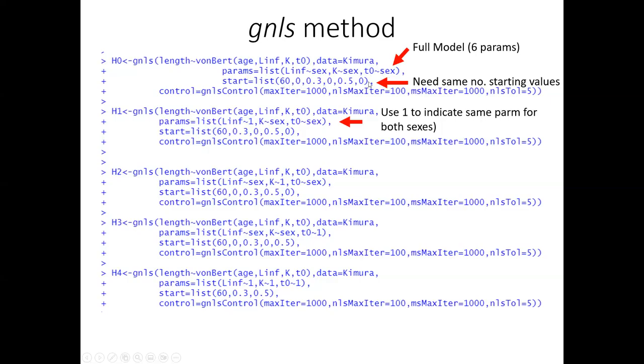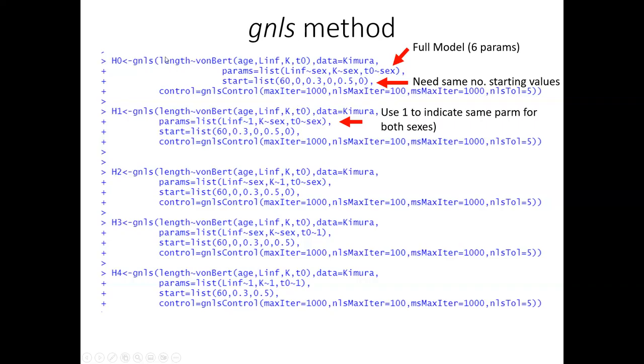And then you have to provide starting values, remembering that this is going to estimate the same type of model that we just did in the NLS function, where the first L infinity parameter will be for that first group based on alphanumeric order, and then the deviation from that will be the value following that. So in this case, we need 6 values here. Just remember to keep the same number of starting values as the number of parameters you're estimating.